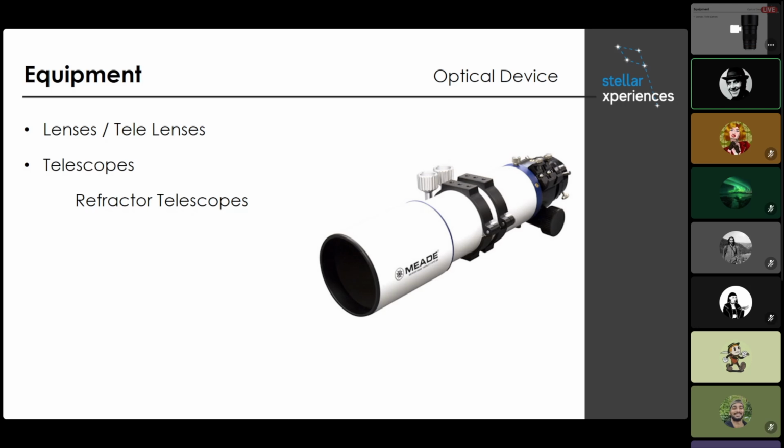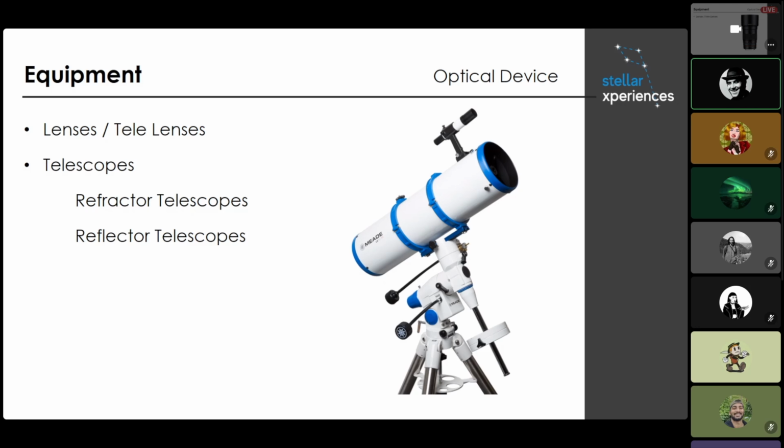So the second type is called reflector telescopes. Reflector telescopes, instead of having a glass, have a mirror on the backside here, and they have another mirror here. It's called the primary and the secondary mirrors, to discard some of the disadvantages coming from refractor telescopes that we will be talking about in detail in a minute.